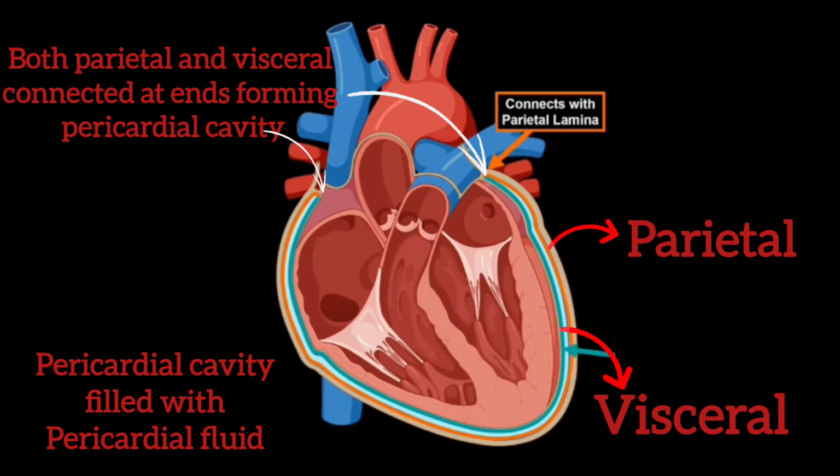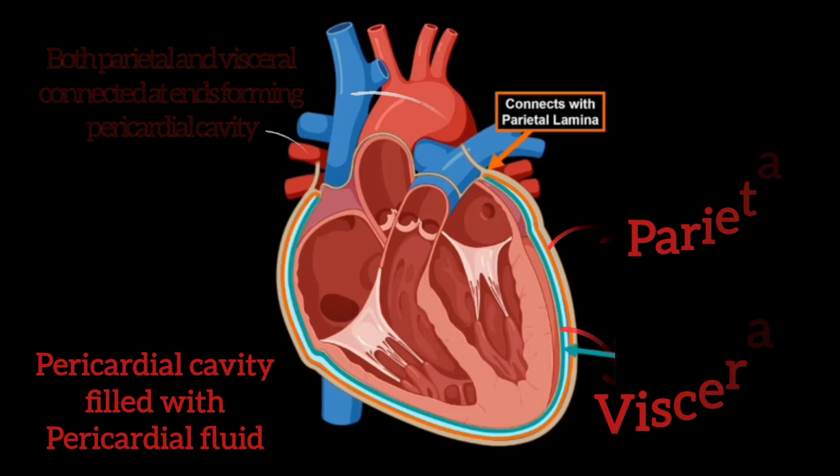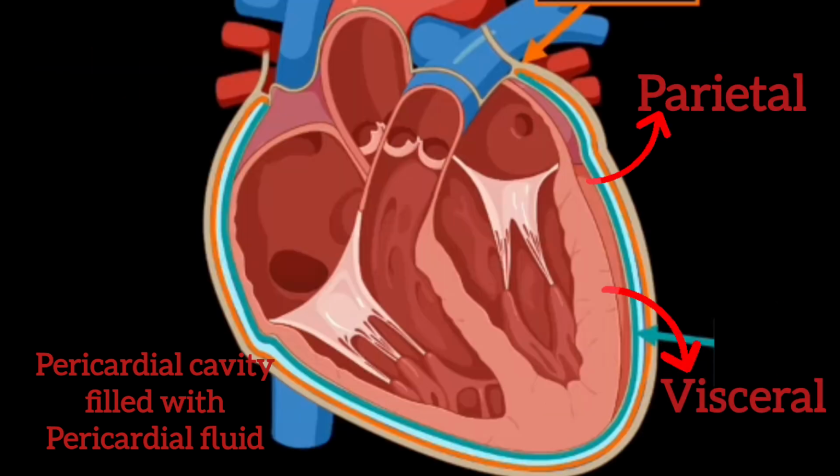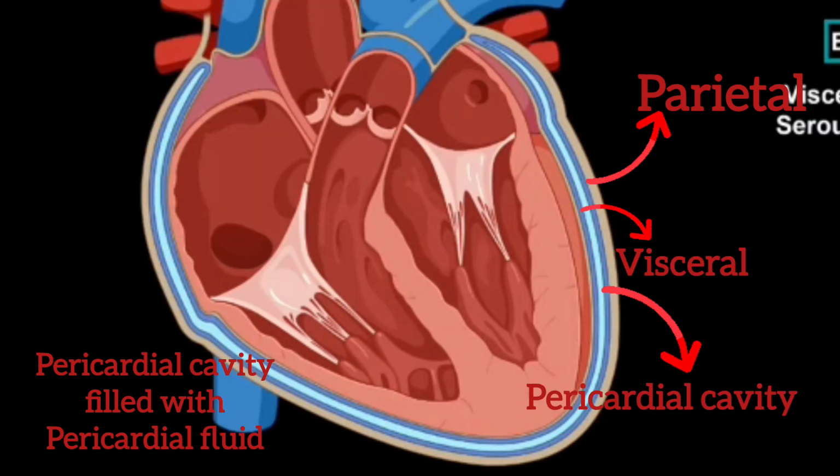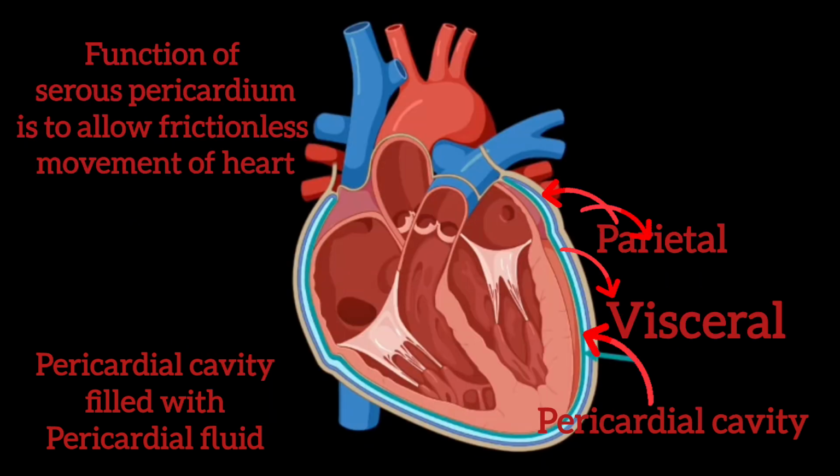This cavity is filled with pericardial fluid that lubricates the layers and prevents friction between them during pumping of the heart. Thus, the serous pericardium allows the heart to pump frictionlessly by providing a lubricated sheath around the heart.